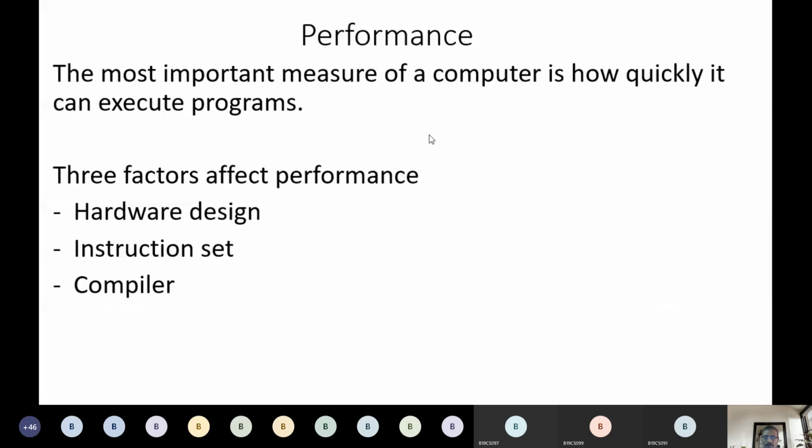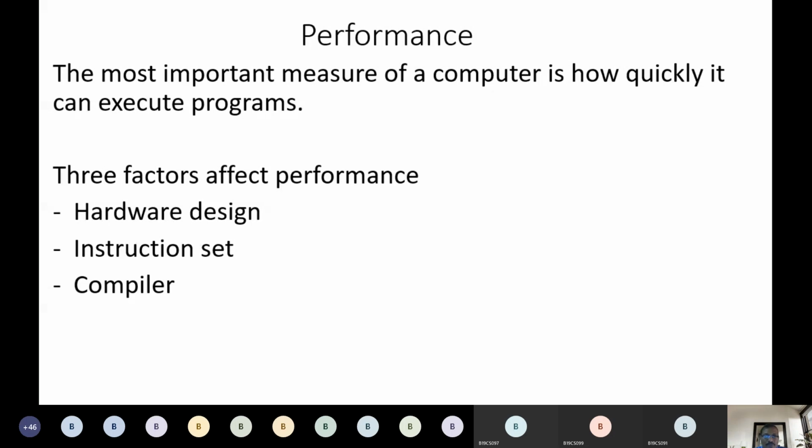Okay, next is performance. This next topic is performance. When we say performance, we already know: if we buy a new laptop or new computer, you and your friends discuss, hey, what is the processing speed, how quickly does your computer respond, how quickly does it execute programs, how quickly does it load the Windows operating system, how quickly does it open your Word document or any website.